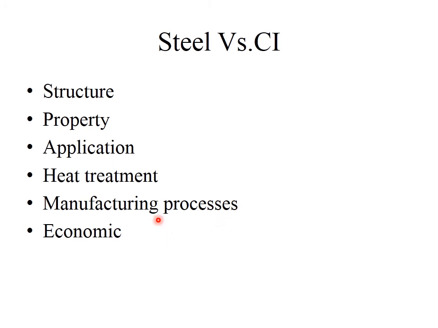So from the economic point of view, the cost of the material as well as the manufacturing process, if we combine these two costs, that will come to the total cost of the final product. So this is the aspect that should come for comparison.